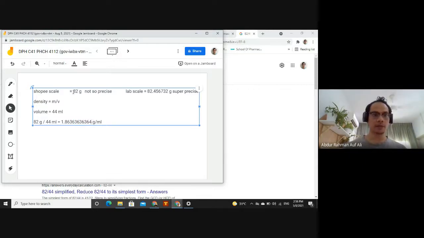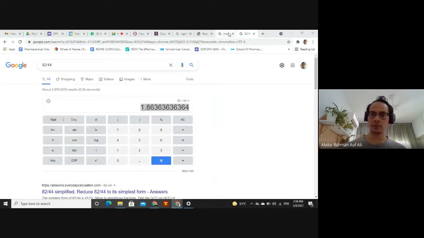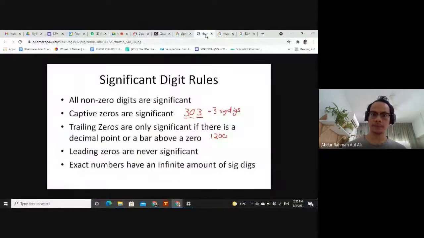So kalau saya nak tahu dekat mana saya perlu bundarkan, saya perlu tengok balik all the data yang saya ada. 82 gram, 44 milliliter. So how many significant figures, how many sig figs are in 82? So 8, remember the rule. Mesti dah padam. All non-zero digits are significant.